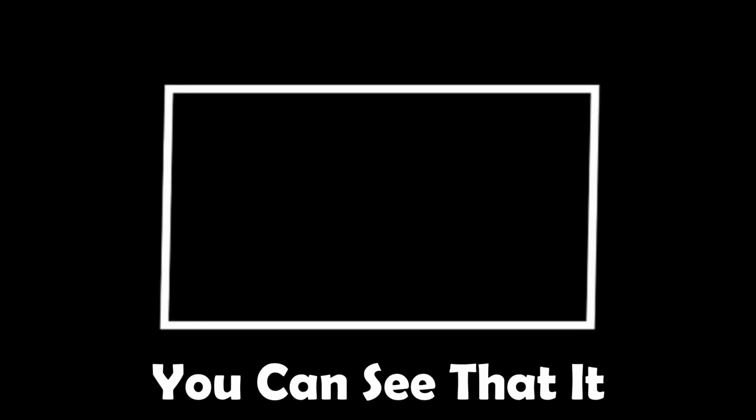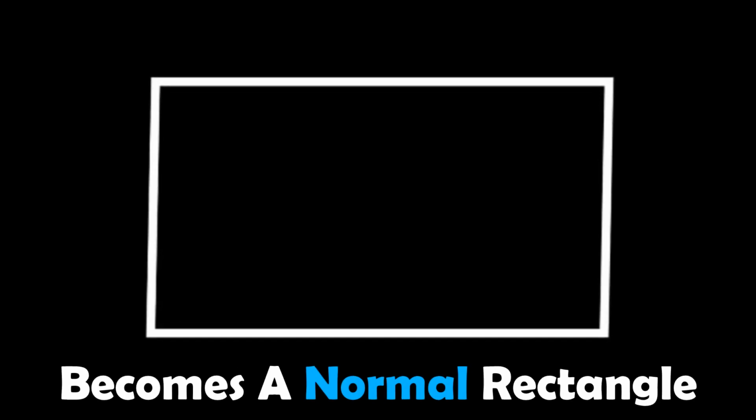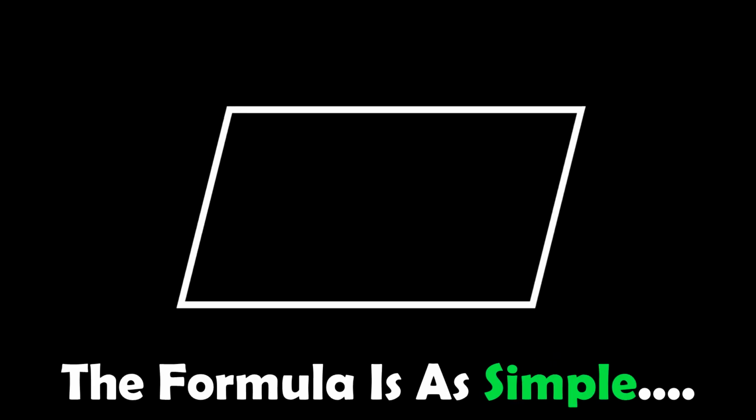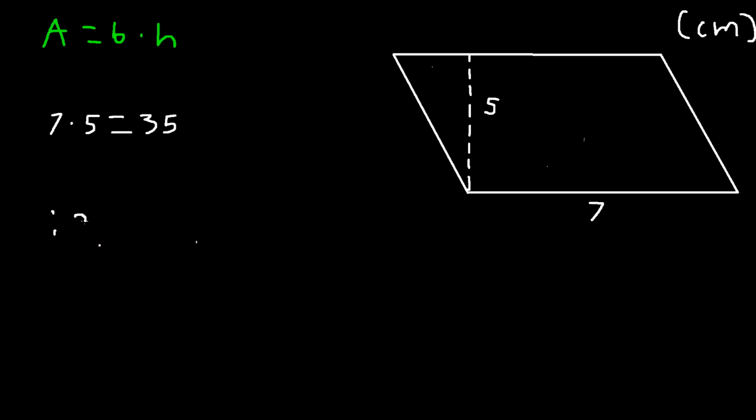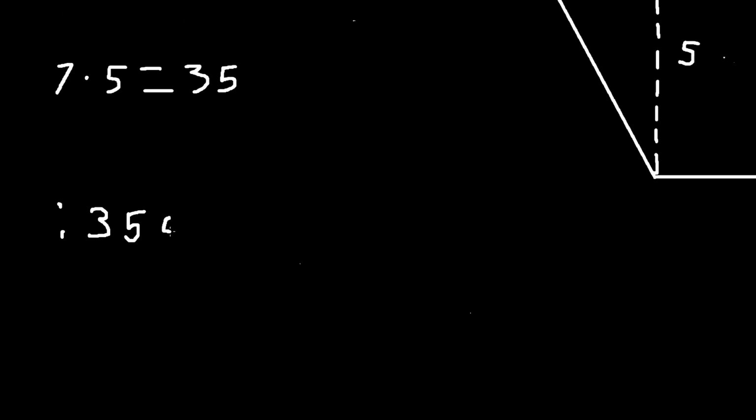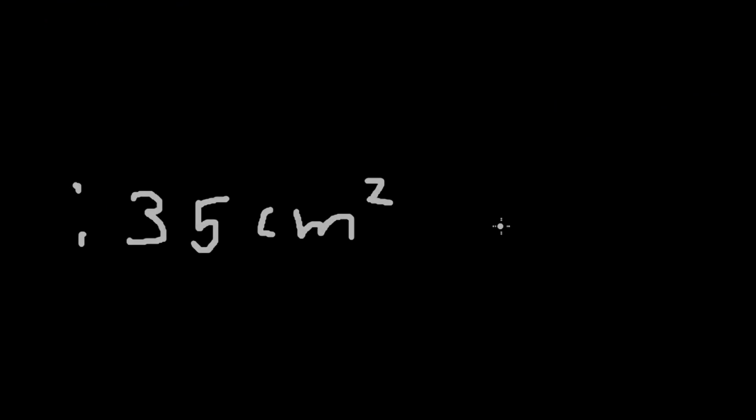So if we move the right side section over to the left side, you can see that it becomes a normal rectangle. And that is why the formula is as simple as the base times height. But anyways, if we use this formula, you take 7 times 5, which makes the answer 35 square centimeters.